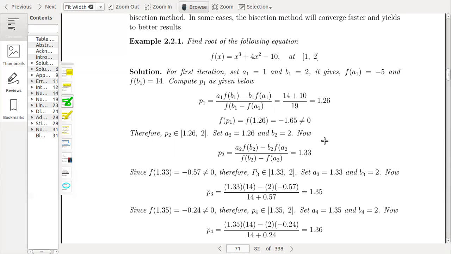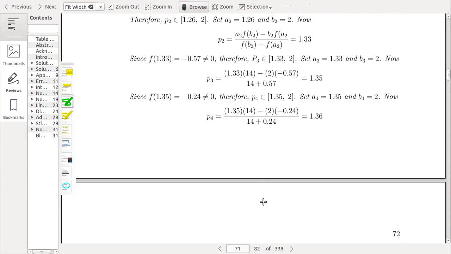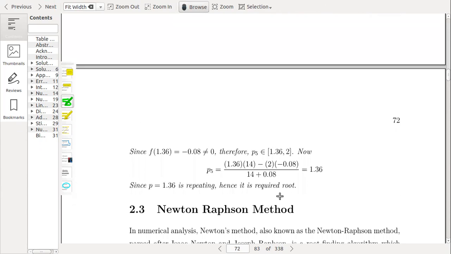Okay, so then we will compute the value again: a2 f of b2 minus b2 f of a2 over f of b2 minus f of a2 is equal to 1.33. Then we will put this value in the function and compute the new value. In this way, we continue this process until we achieve the desired degree of accuracy.